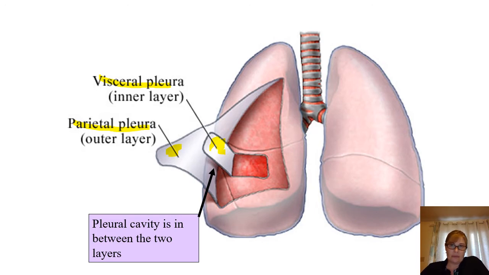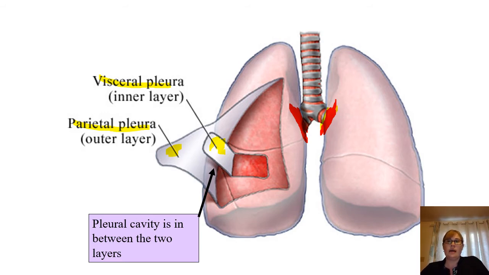Right in here, it's a good time to mention what the hilum is. This area right in here. The place where the bronchi insert into the lung tissue is known as the hilum. That spot also is going to be the place where the pulmonary arteries and veins plug in.